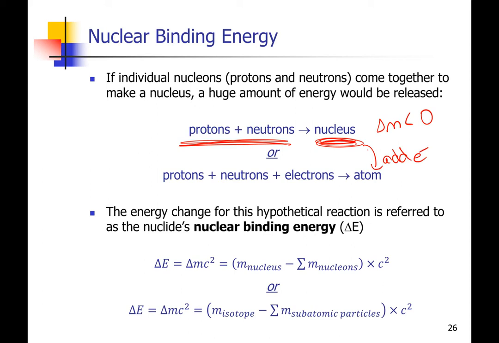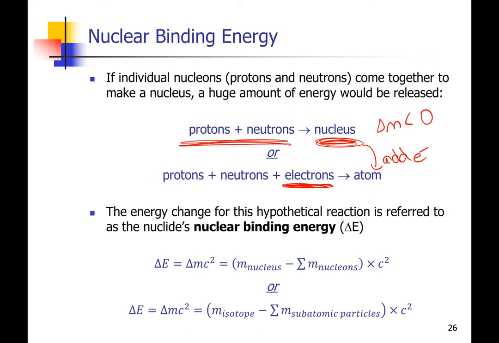So on our product side, if what we have available is the isotopic mass instead of the mass of the nucleus, that's fine. All we have to do is make sure we add those electrons in on the reactant side of the equation.